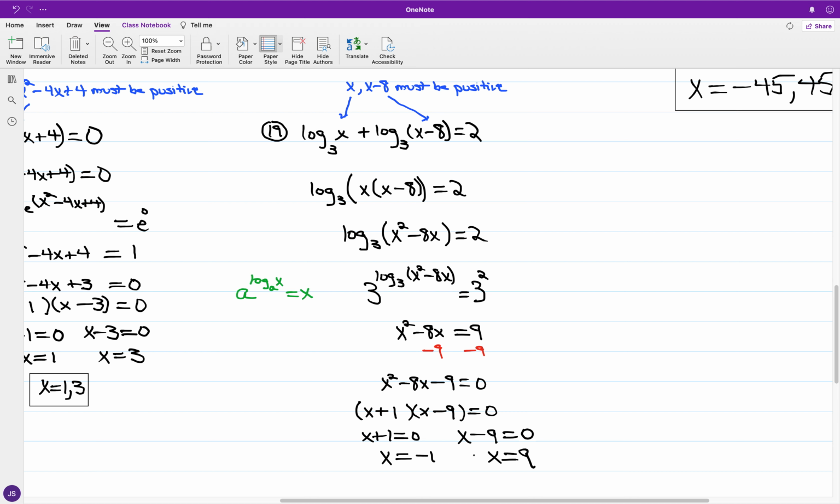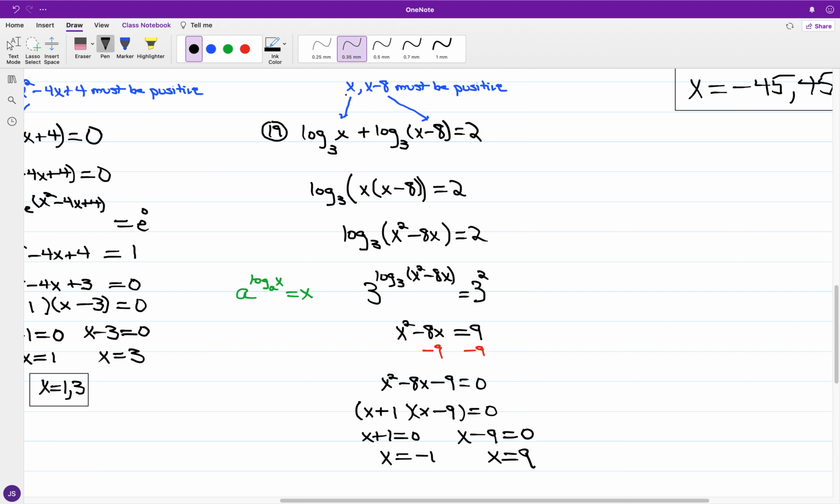Now going back to the original setup, again, x and x minus 8 must both be positive. And guess what? With negative 1, x at negative 1 fails to meet the requirement that the expressions both be positive. So negative 1 strikes out.